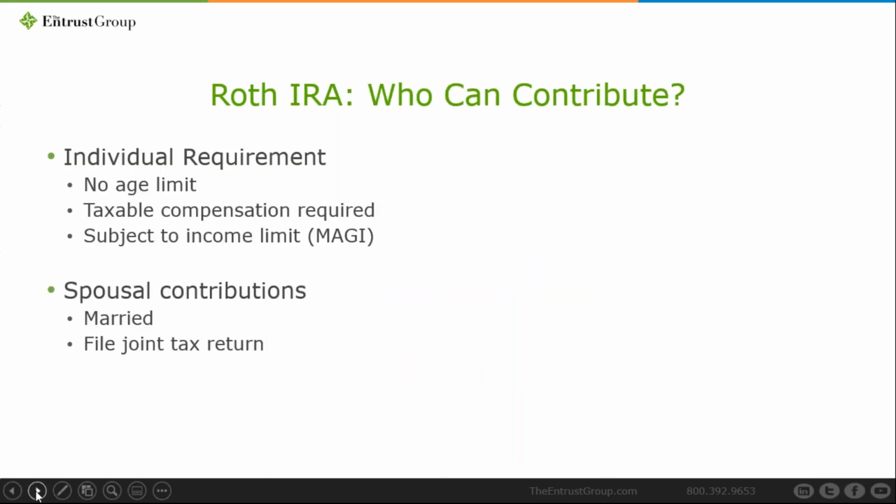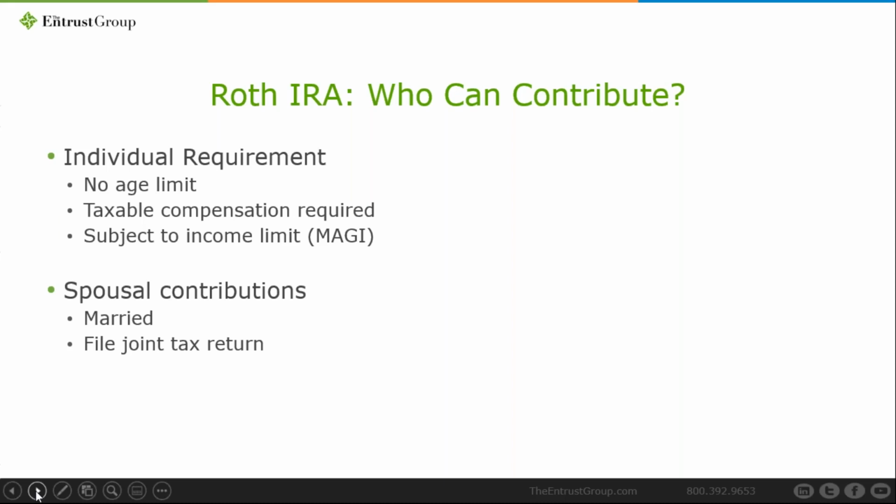Who can contribute to a Roth IRA? Similar to a traditional IRA, there is no age limit. A person who has earned income, who is working at age 75, even though they're taking required minimum distributions, can still make a contribution to a Roth because there are no required minimum distributions on a Roth.